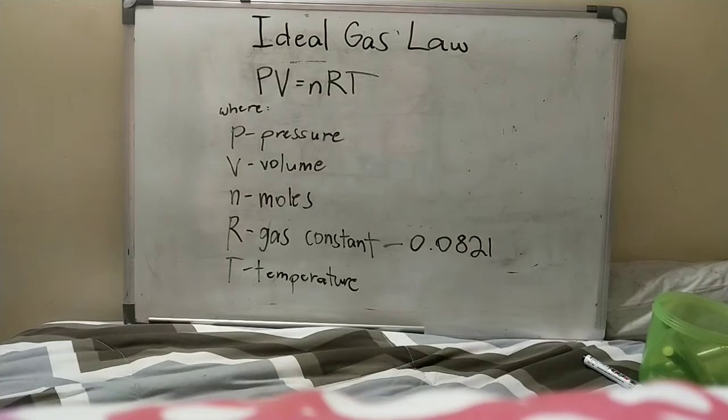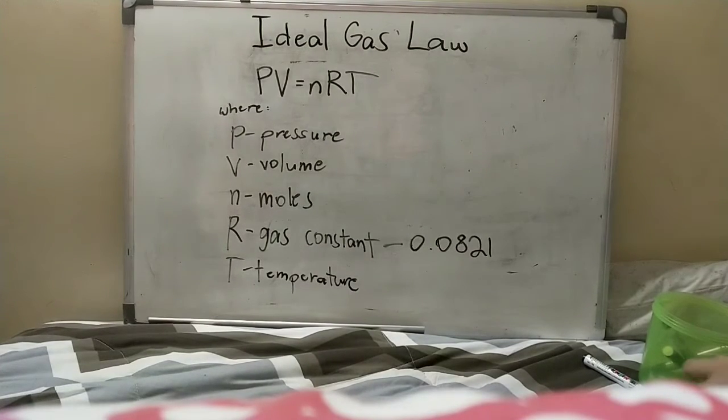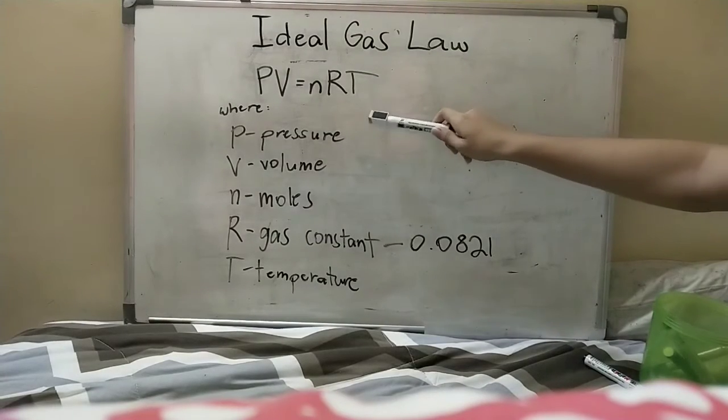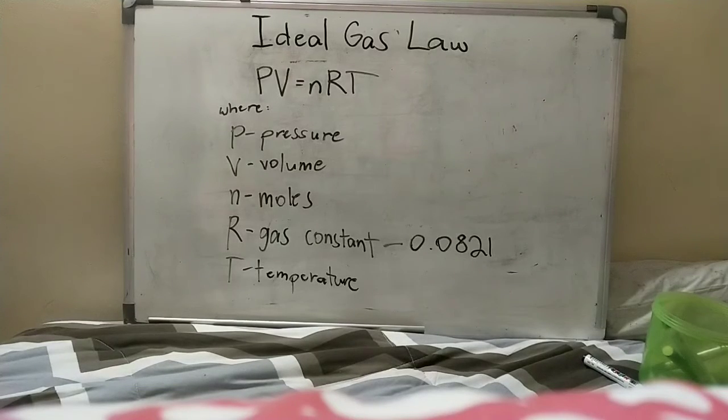The ideal gas law relates the pressure, volume, gas constant, and temperature of gases. Now, while it describes the behavior of hypothetical gases, it also describes the behavior of real gases in real situations. Now, I've already taught you what is pressure, volume, and temperature. But what is the gas constant?